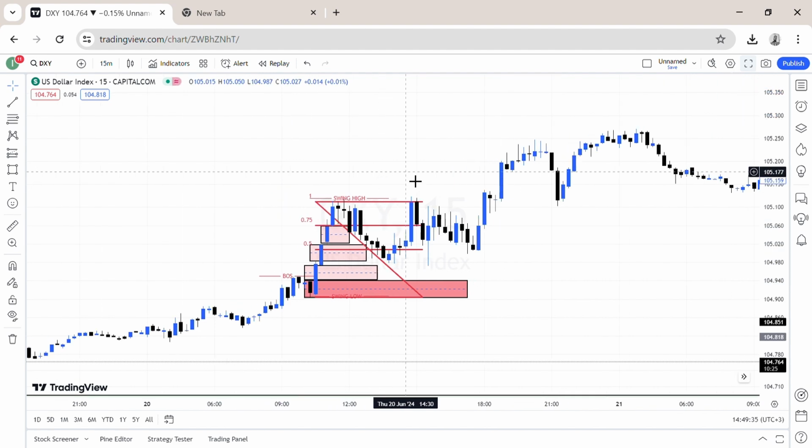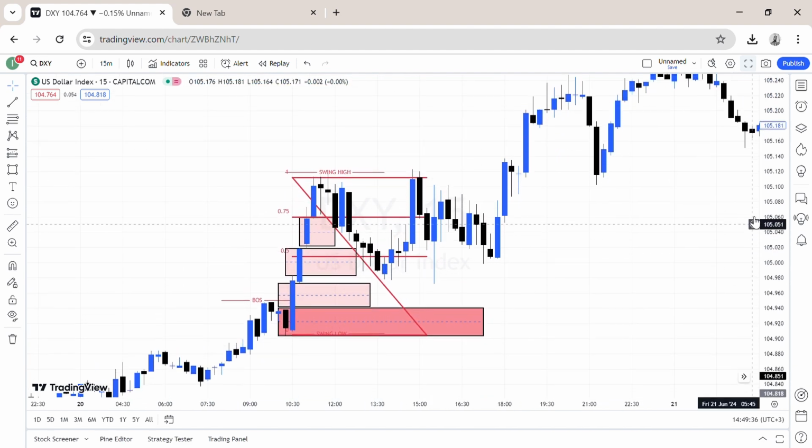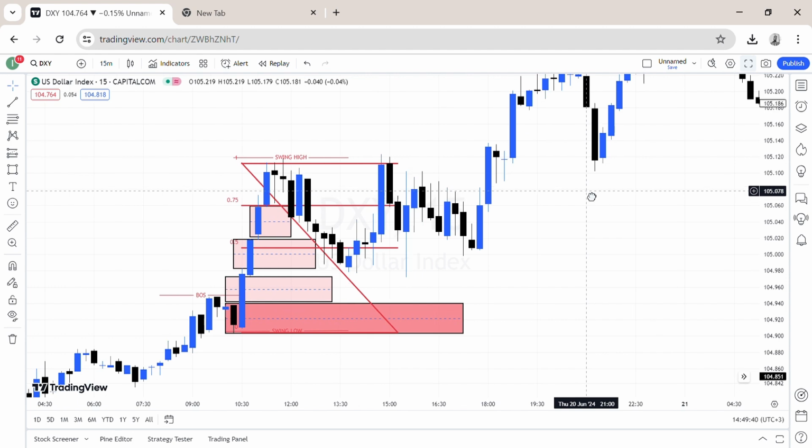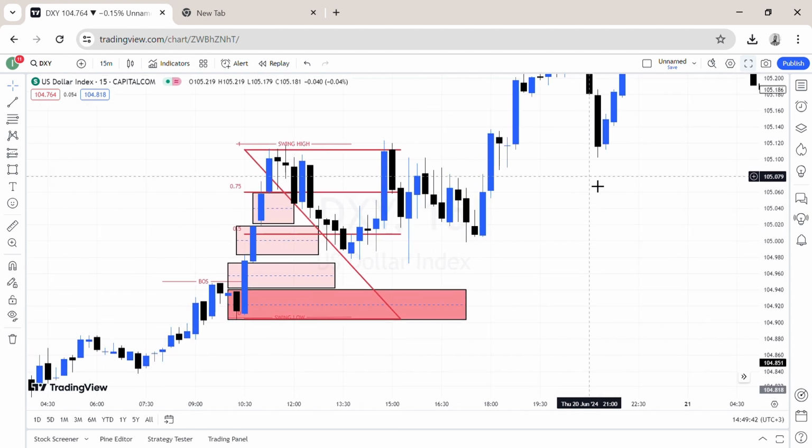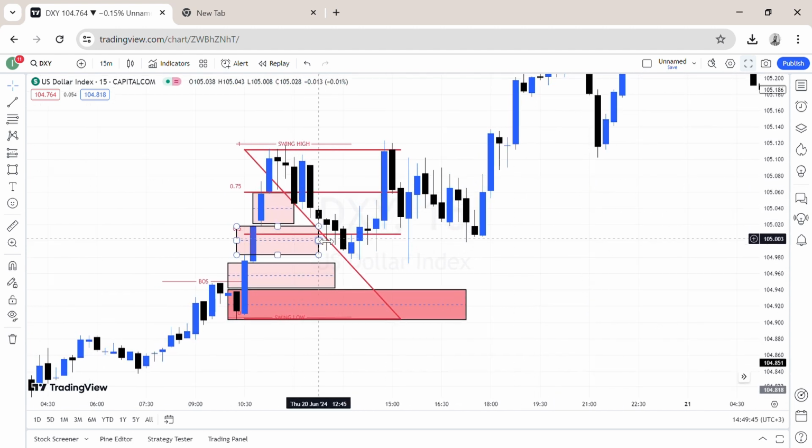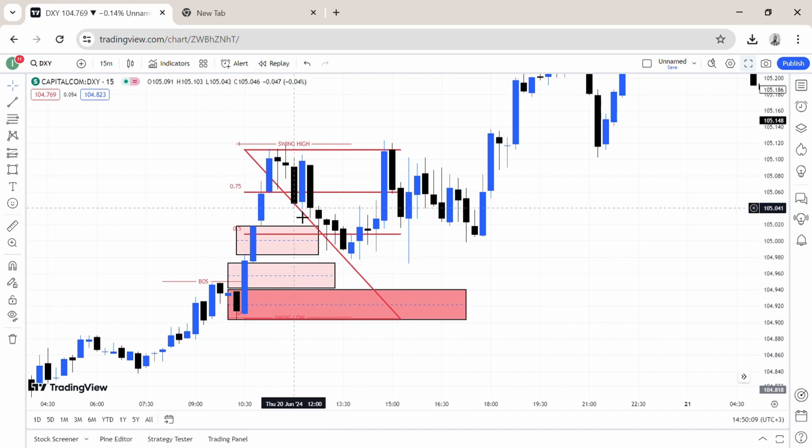Now, considering this, exactly like I said, this is the consequent encroachment of this swing. The 0.5 is the middle point of this swing. So whatever is above here is at a premium. Whatever is below this 0.5 is at the discount. So I want to ignore everything at the premium. I wouldn't even mark it. I just want to ignore everything at the premium.